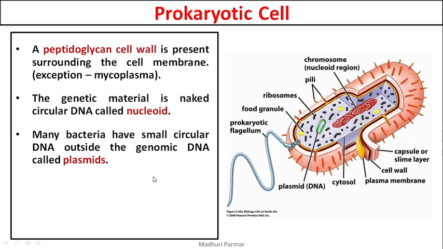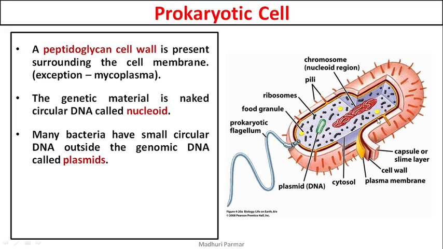Many bacteria have small circular DNA outside the genomic DNA, what is shown here in green. So this is your genomic DNA, the genetic material. Apart from this, whatever DNA you see floating around is called plasmid.